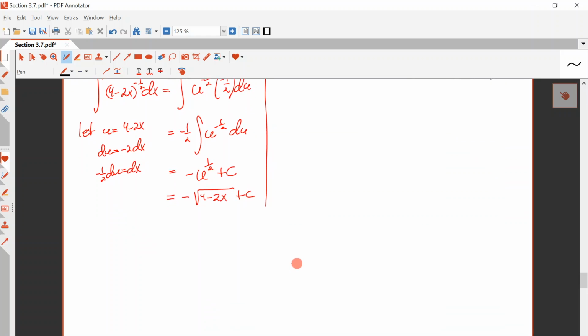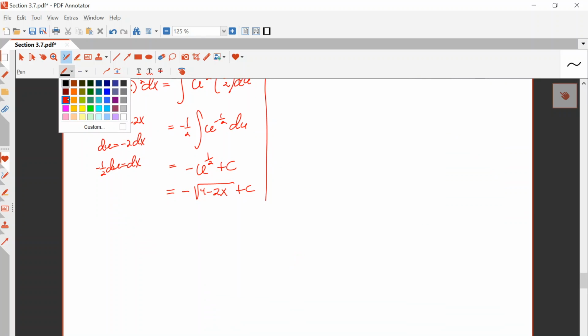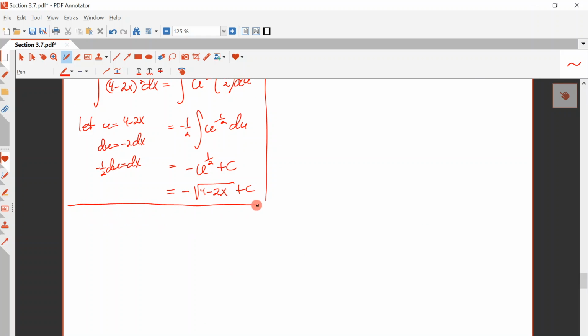Okay, how about this example? The integral from minus 1 to 1 of 1 over x squared dx.